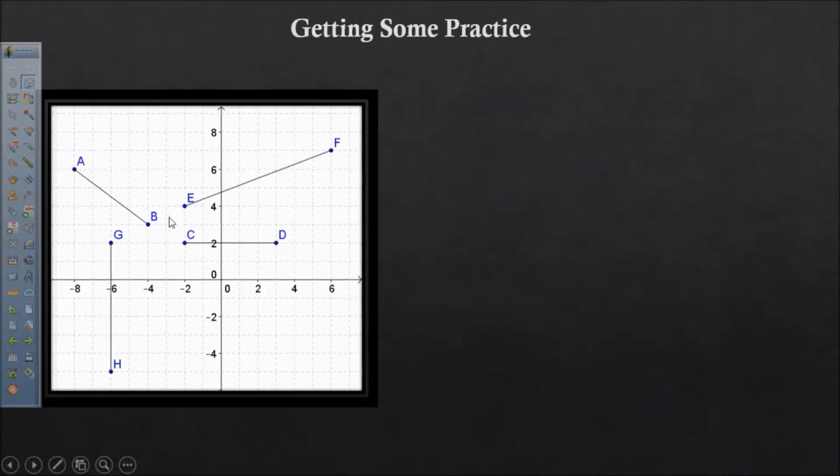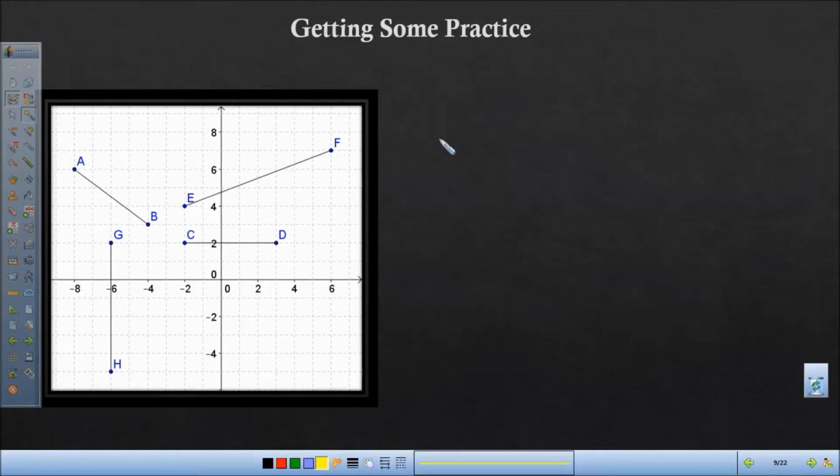Let's compute the distance from E to F. Alright, so here we go. We got to get some ordered pairs down. So E is negative 2, 4, and F is 6, 7.